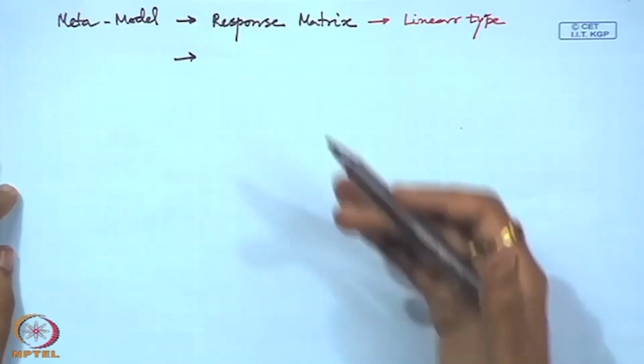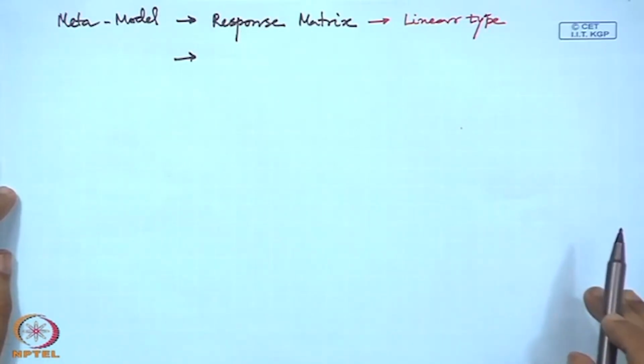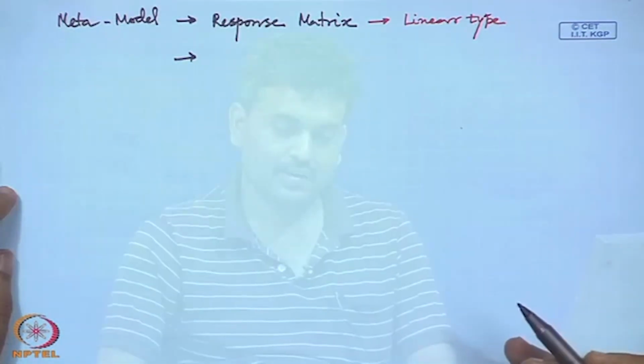But the problem is that the response matrix will always give you linearized results, and we are compromising with the accuracy of the simulation model. So, for a complex nonlinear general problem, we cannot represent it properly with the response matrix approach.